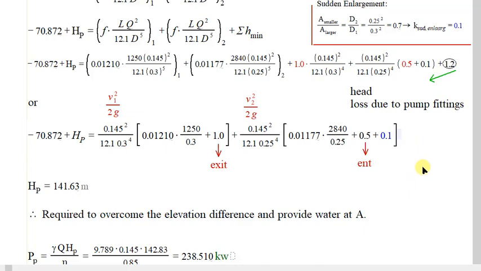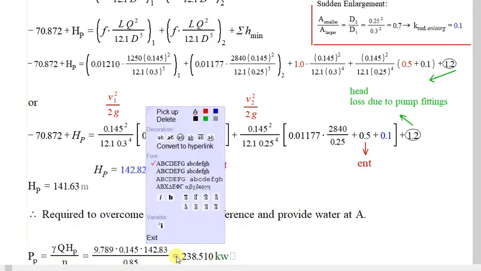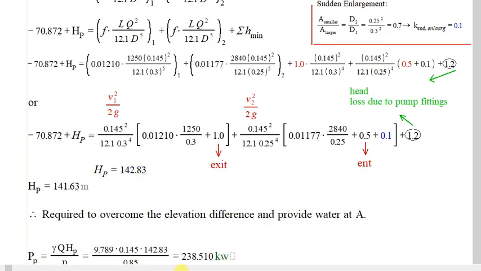No. There is still, yes, in addition to losses, we should add 1.2 here in this equation. What is this 1.2? We can say it easily. It is the head loss due to pump fittings, as they mentioned it in the question, I mean. Okay, so that is the head of the pump that we need, 142.83.